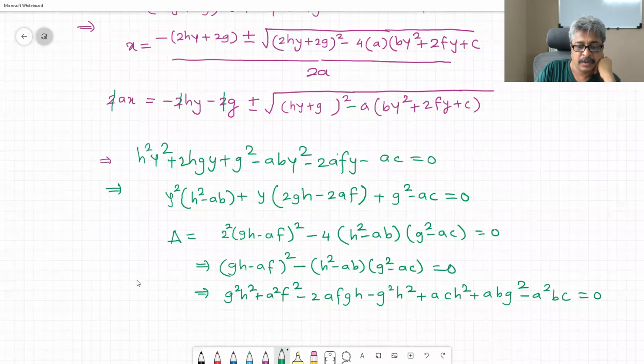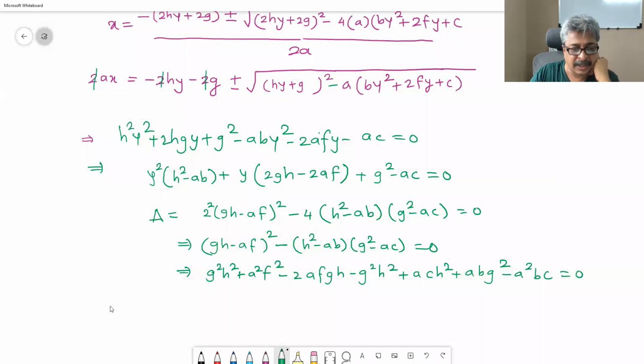Right? And then you will realize that g square h square is the term which gets cancelled out and the rest of the terms have a in them, and a is not equal to 0.